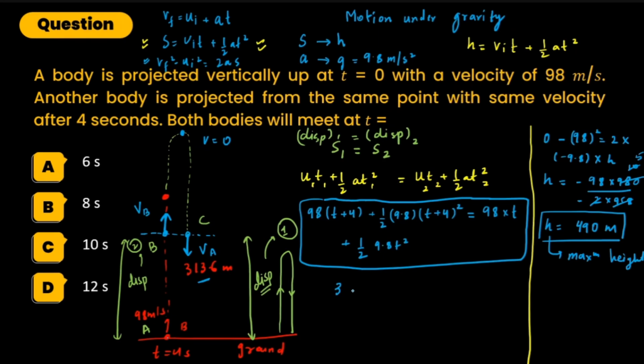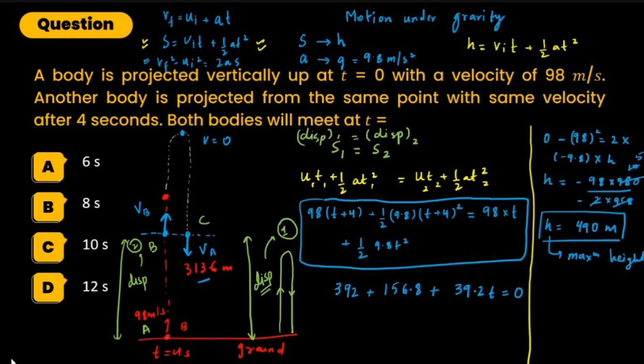So it is going to be 9.8 into 16, which is 156.8, plus 9.8 into 2T into 4, 39.2T equals 0.